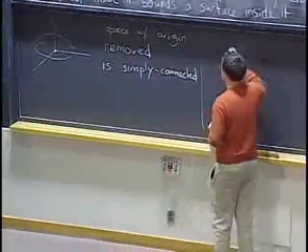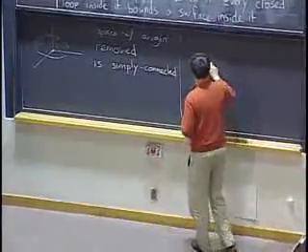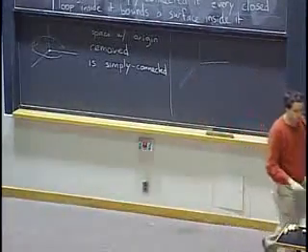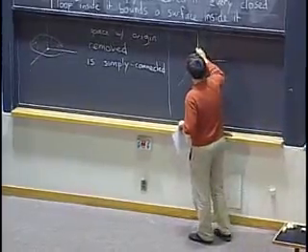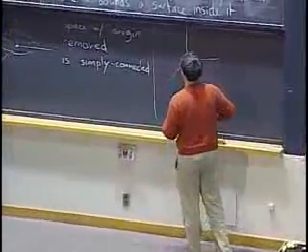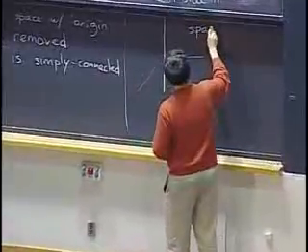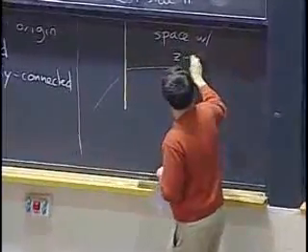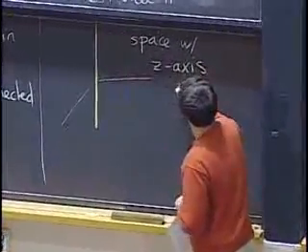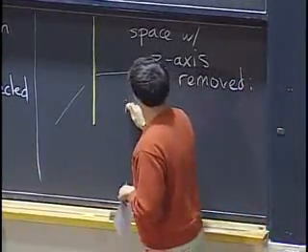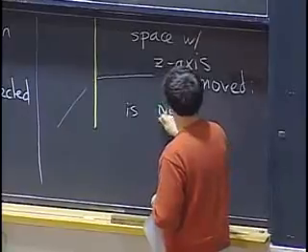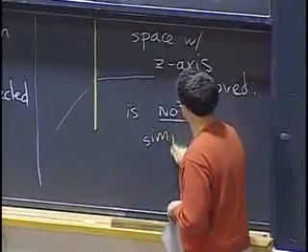Now on the other hand, a good example of something that is not simply connected is if I take space and I remove the z-axis. That is not simply connected.